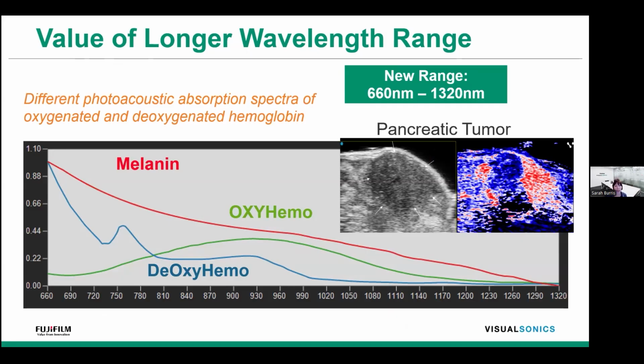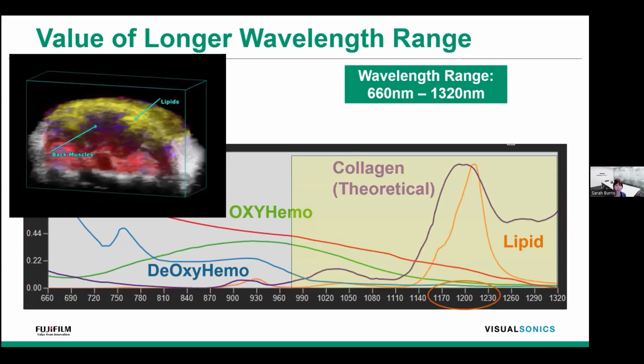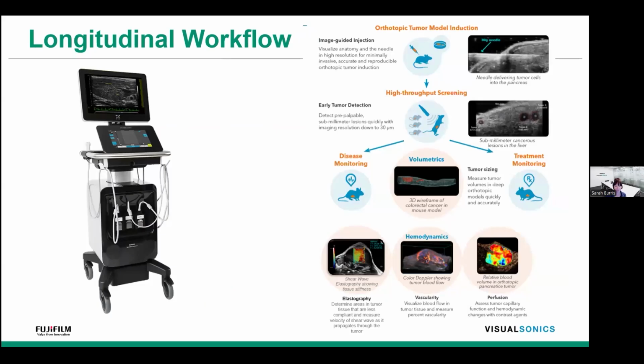The X20 actually allows us to image slightly further down the spectrum, starting at 660 nanometers all the way through 1320. And of course, the added benefit of this is that we can potentially start to see other compounds that reside within this range, such as collagen, and also do things like lipid detection.